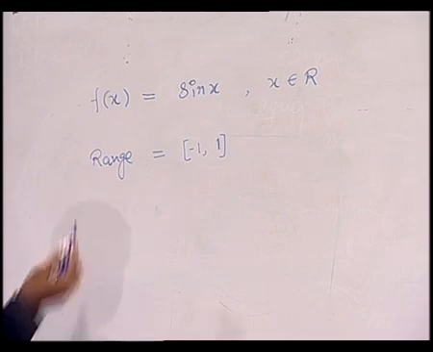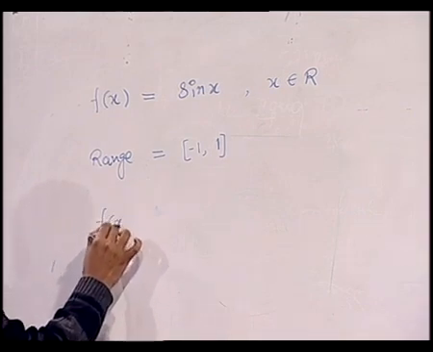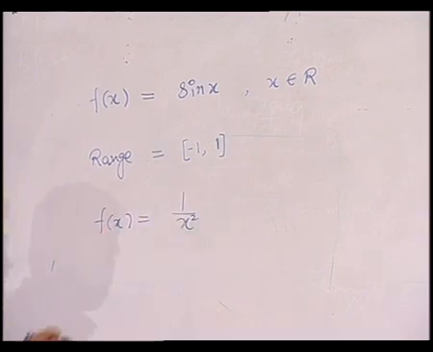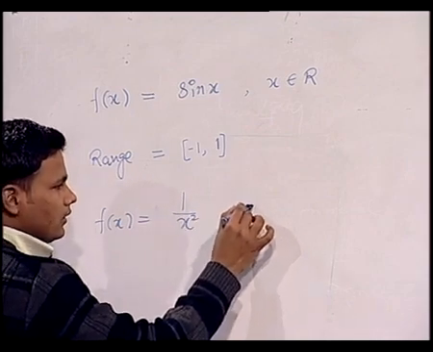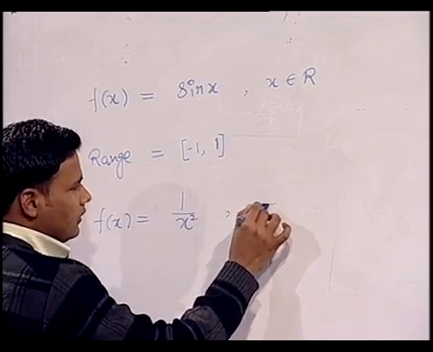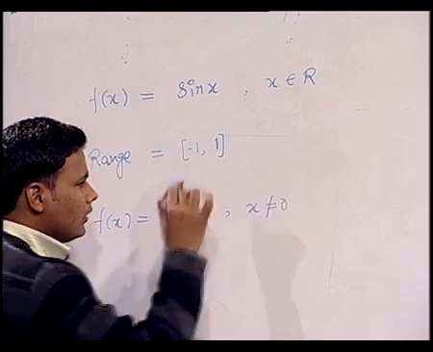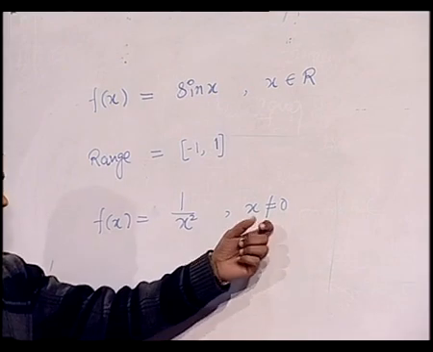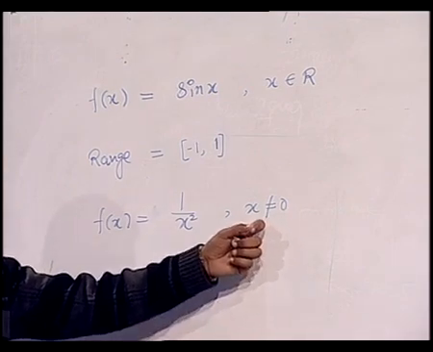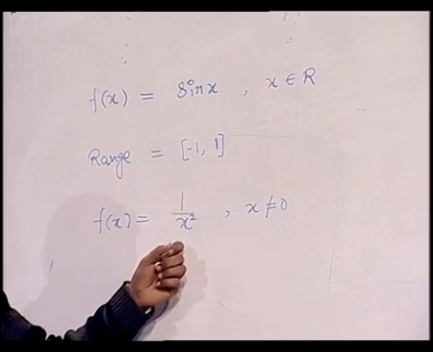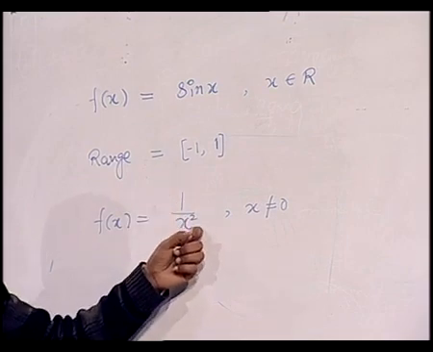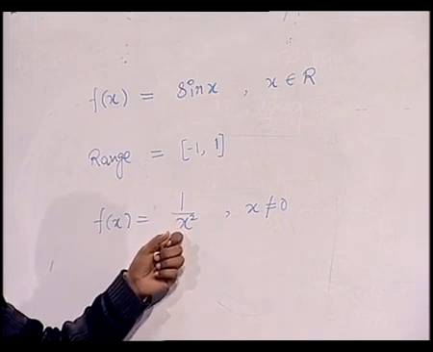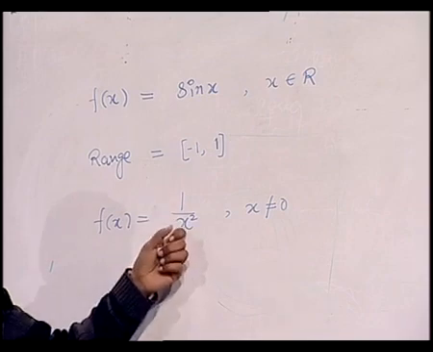For example, another function f(x) equals 1 upon x square. Here the domain is the set of all real numbers excluding 0, because at 0 this function is not defined. If you put x equals 0, you will get 1 upon 0, and that becomes infinity.